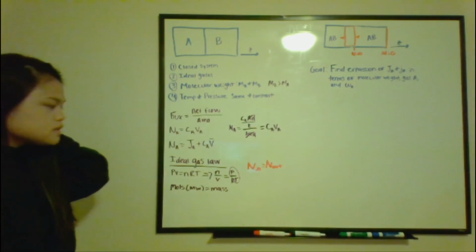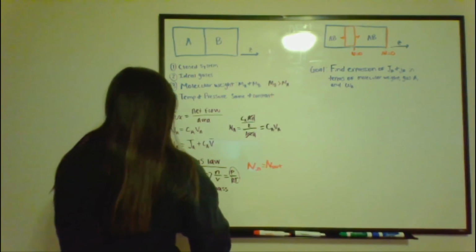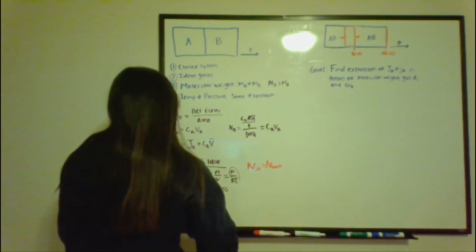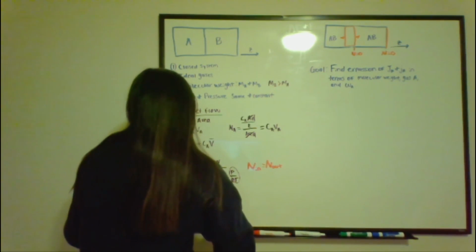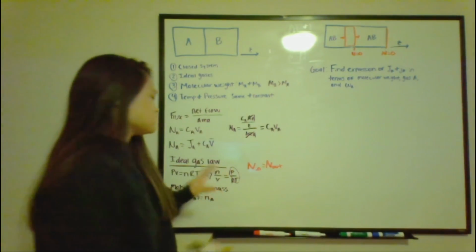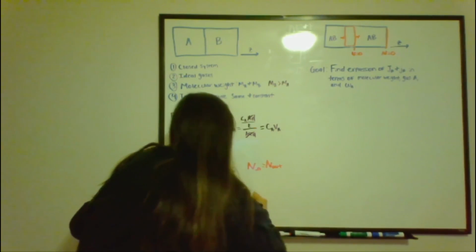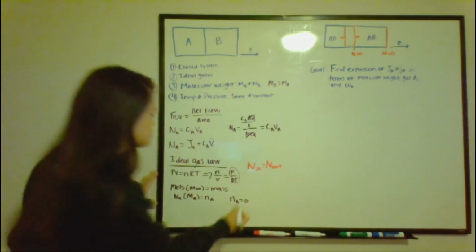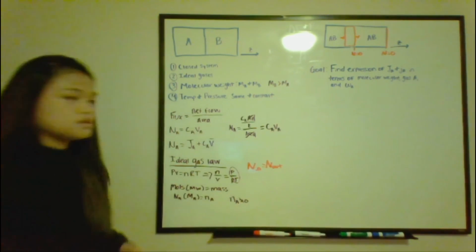So in terms of molar flux, you can just do the molar flux of A times the molecular weight of A to equal the mass flux of A. Now, does this mean that the mass flux of A is going to equal 0? No. That doesn't mean that the mass flux of A is going to equal 0.